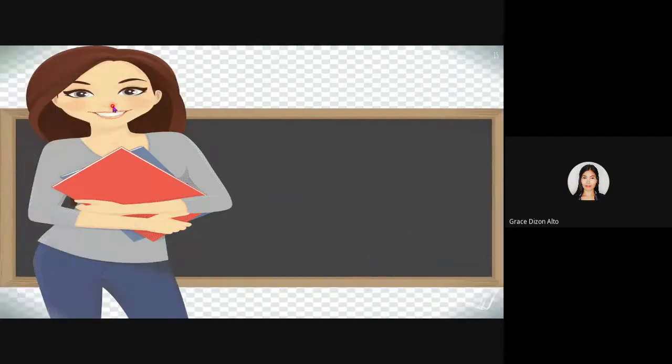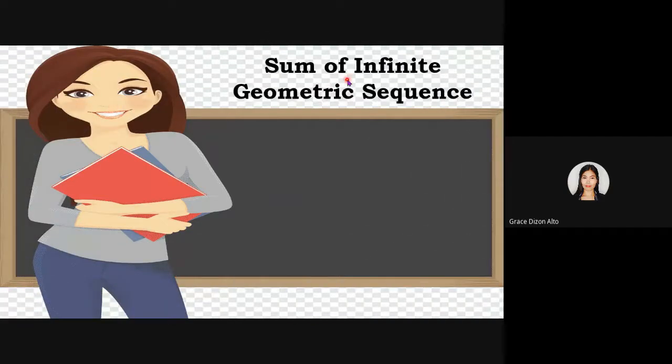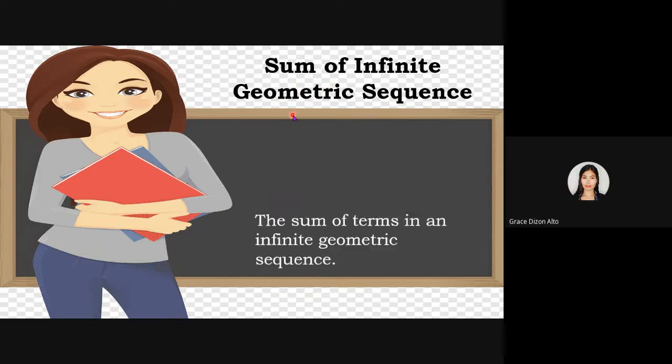All right. So we will skip the live quiz. We will now go to our lesson proper, which is the sum of the infinite geometric sequence. So after we have recalled the 4 conditions of the finite geometric series, we will now go to the infinite geometric series, or the sum of the infinite geometric sequence.